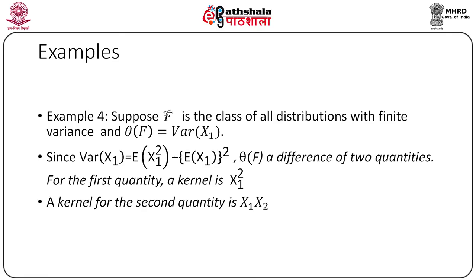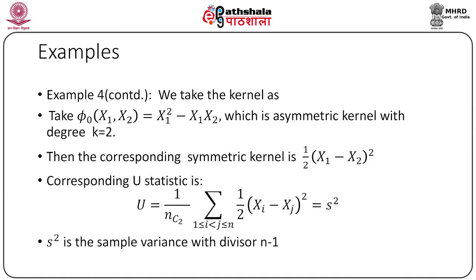Observe that the variance of x1 can be expressed as the expected value of x1 square minus the square of the expected value of x1. Therefore, theta f is the difference of two quantities. For the first quantity, a kernel is x1 square, and a kernel for the second quantity is x1 x2. Then it is natural to consider the difference, that is x1 square minus x1 x2, as a kernel.